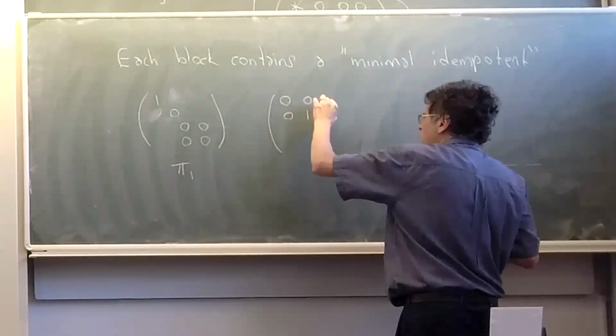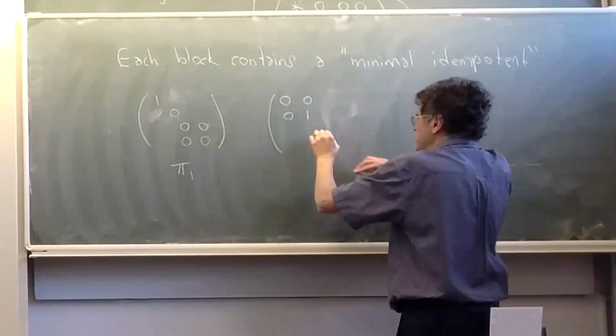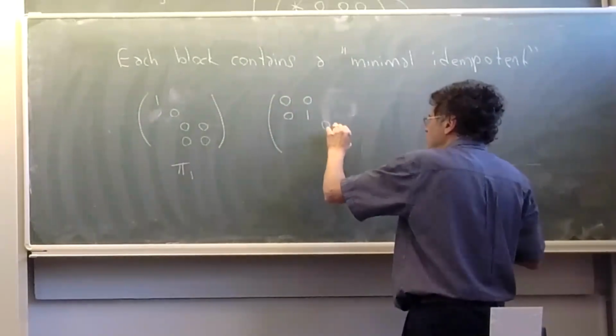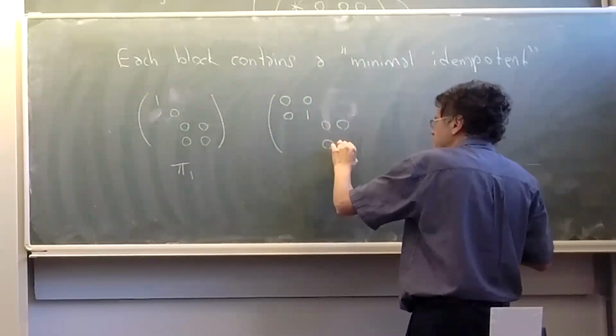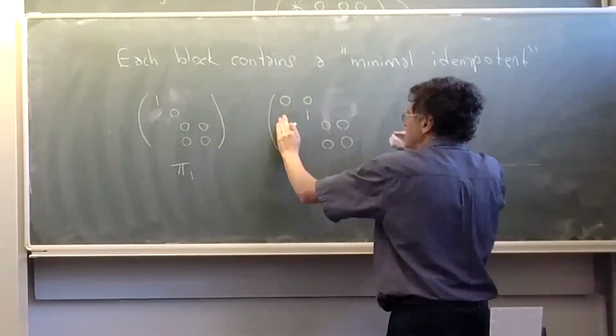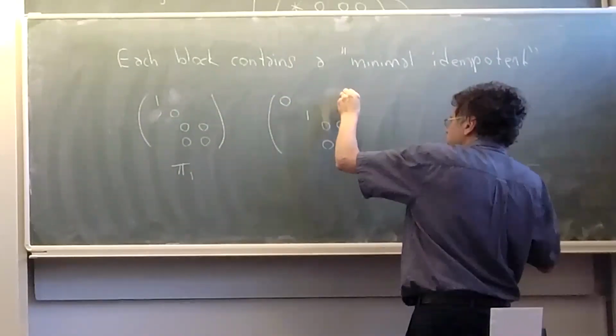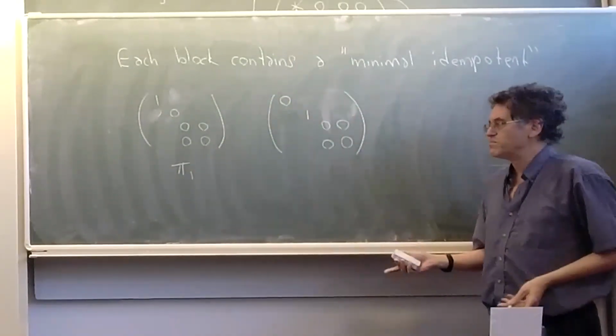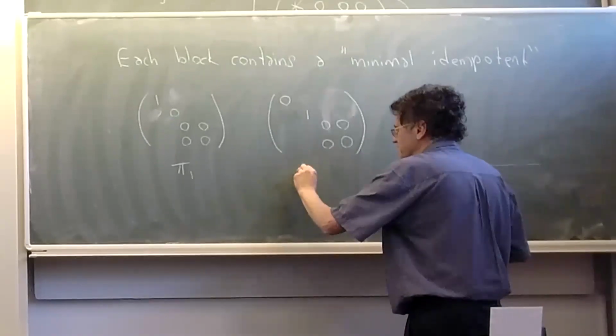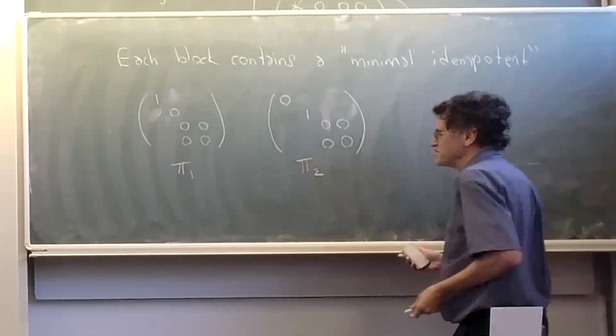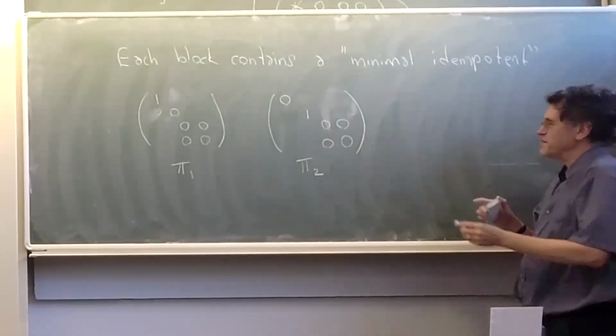For the next block, you do the same trick. Anything that I don't write is a zero, that has to be a zero because we're dealing with these block diagonal matrices. So I'm going to try to save time by not writing so many zeros. So that's a minimal idempotent.